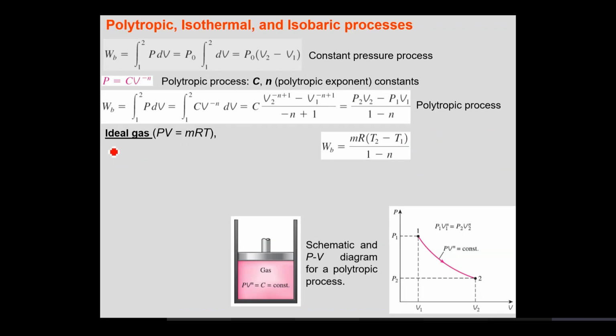Now let's say my n value is equal to 1. In case my n value is equal to 1, the expression for a polytropic process would be PV equals constant. Isn't it so? And if I compare this with the ideal gas, PV equals MRT, when would this be equivalent to PV equals constant for an ideal gas?